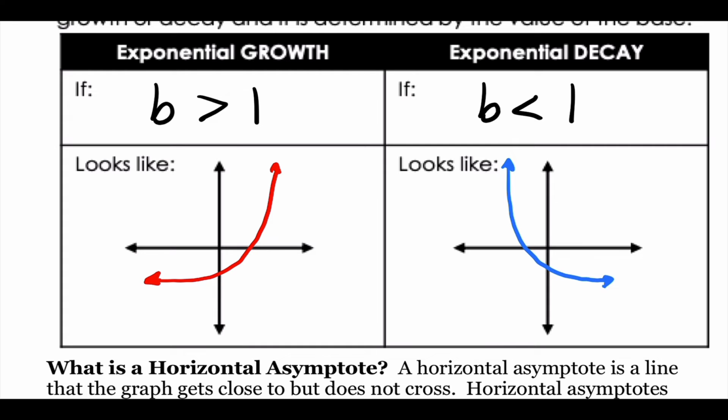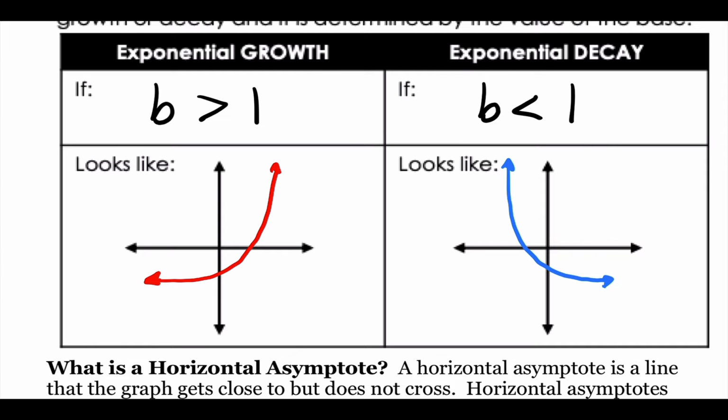It's going to be dying. So anything smaller than 1, fraction, decimal, negatives, it's going to be going down. Okay? What if B is 1? It's just a constant straight line. Yeah, no curve at all. Doesn't grow at all, doesn't die at all, just stays. Right? Okay?